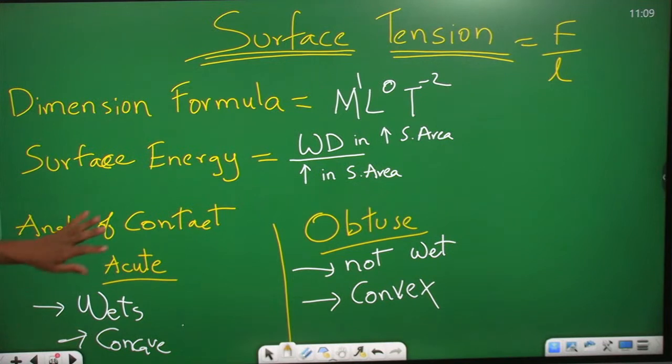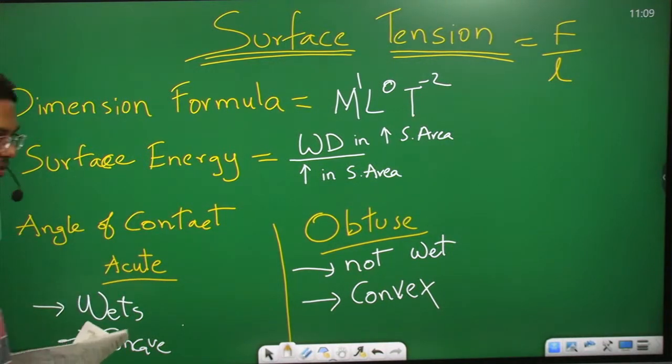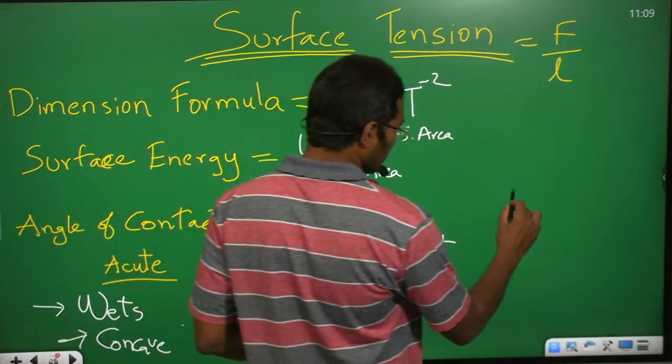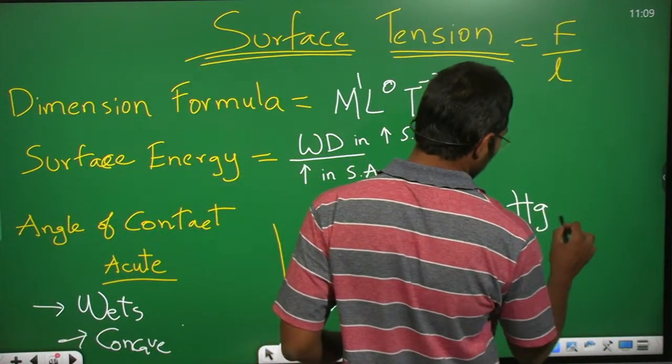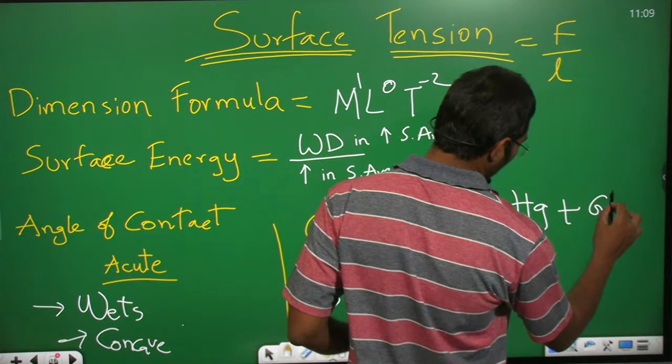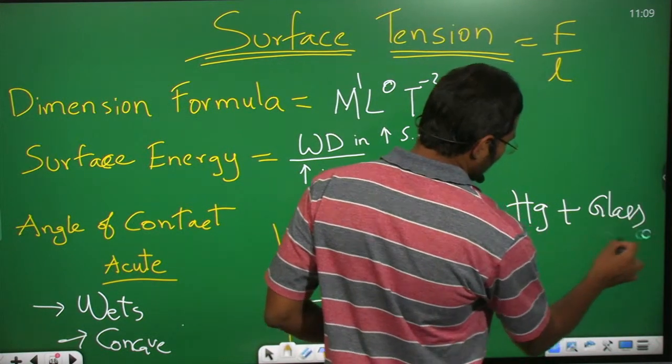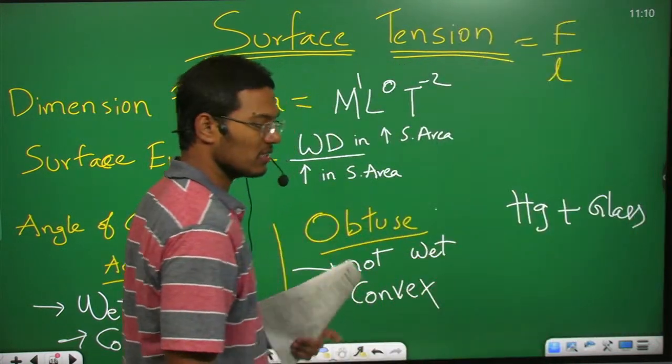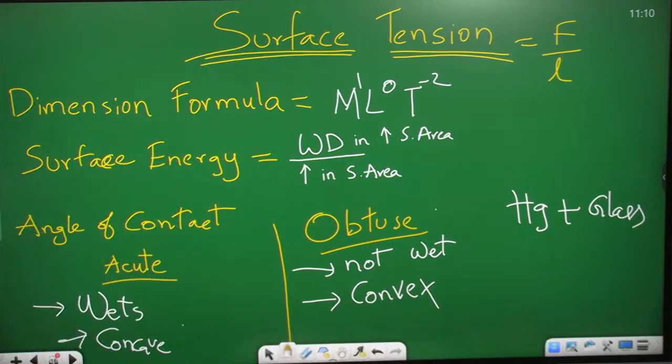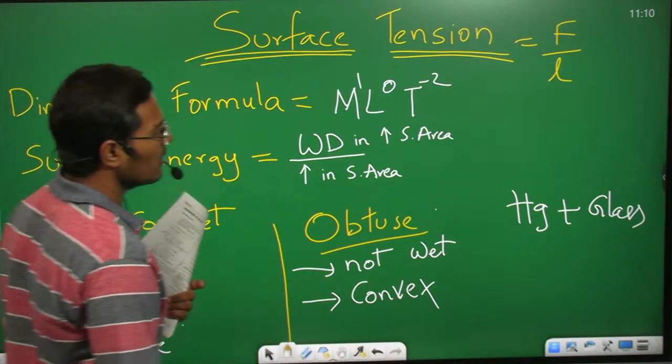So examples of obtuse angle: mercury plus water, mercury plus glass. You can find mercury plus glass in a barometer. Hope you are aware of the barometer experiment.